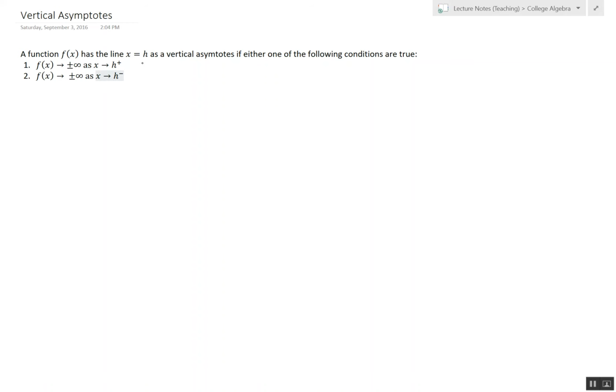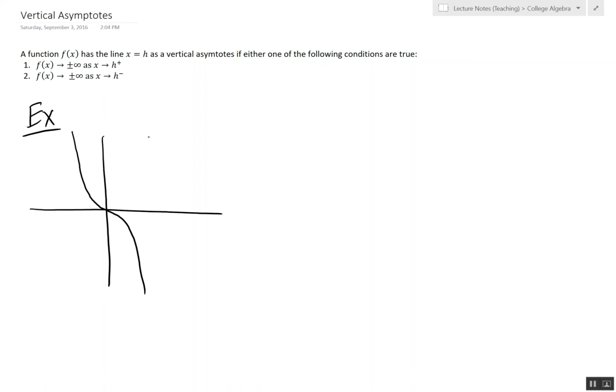An easy example of an asymptote often shows up with rational functions, which we are talking about. A typical rational function that you might see in a course like this could look like this.